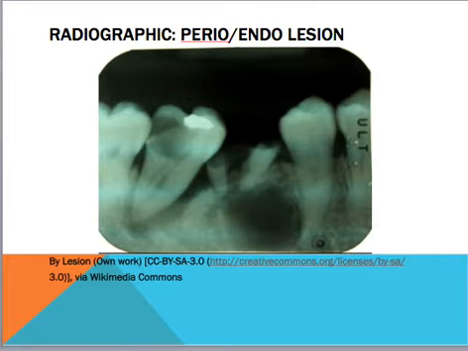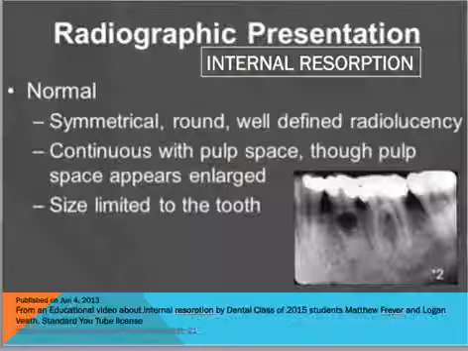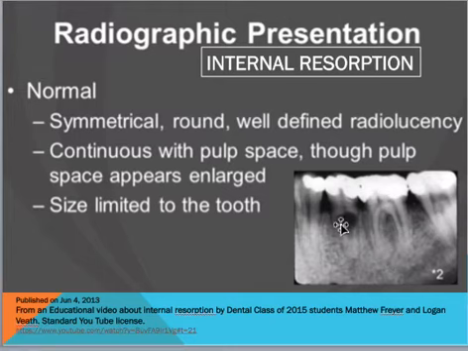Many other conditions can be diagnosed using radiographs. For example, this particular X-ray shown here from a video made by dental students Matthew Freyer and Logan Veith that was posted on YouTube shows internal resorption. Note this radiolucent dark area in the center of this tooth.